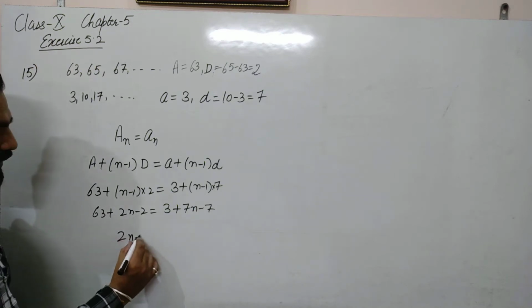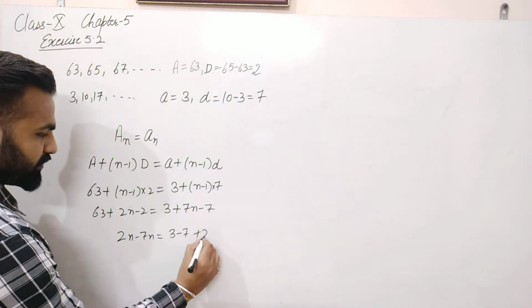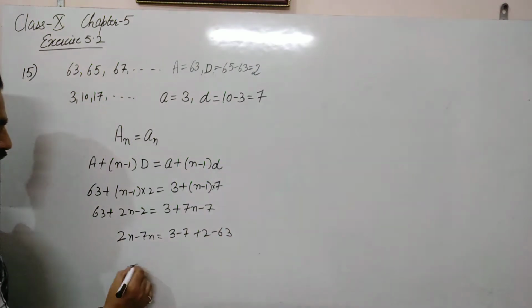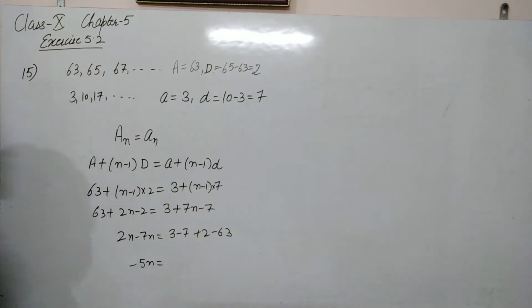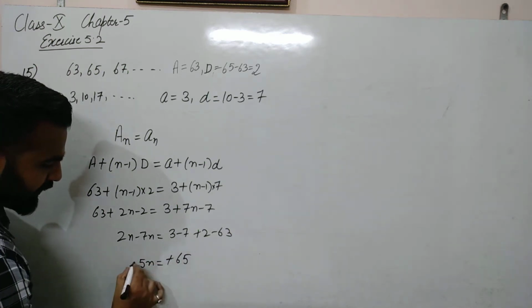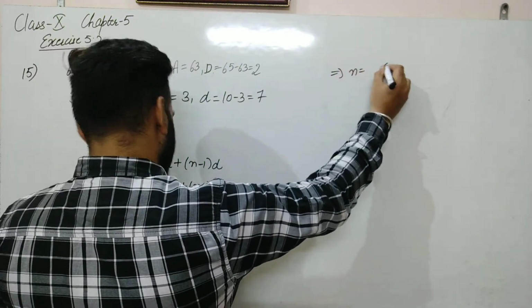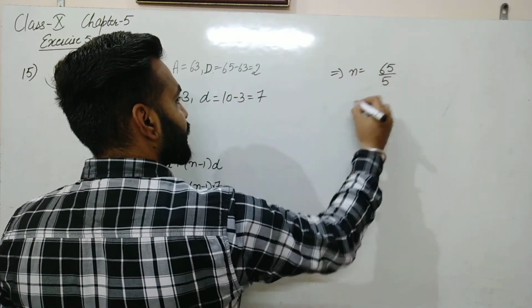Now we have to just solve the equation for the value of n. So 2n minus 7n, here 3 minus 7 plus 2 minus 63. So this will be minus 5n and the value on the RHS will be minus 65. So the minus signs will cancel out. So n will be equal to 65 by 5. N is equal to 13.